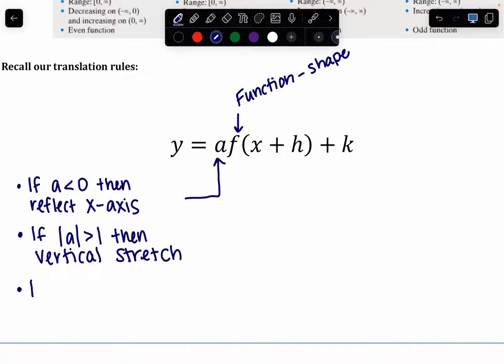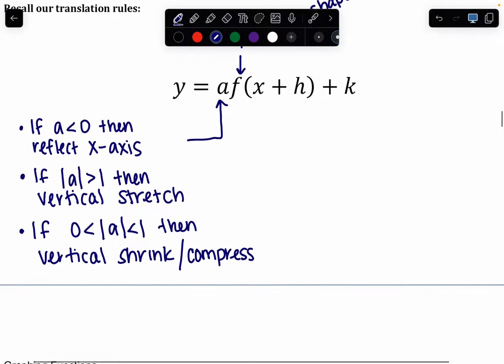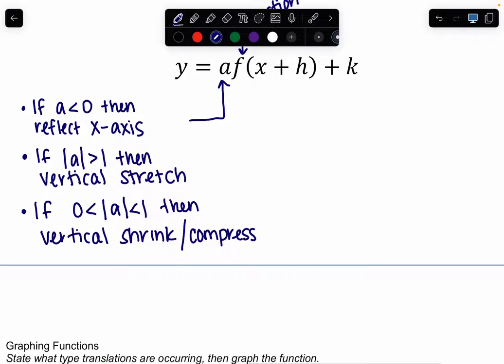And then lastly, if the absolute value of a is between 0 and 1, we're making it smaller, so it's a vertical shrink. I believe that is what we used last year in Algebra 2. I believe your book or some of the questions on your homework will use compress. Shrink and compress mean the same thing. They make something smaller. Any questions with a?